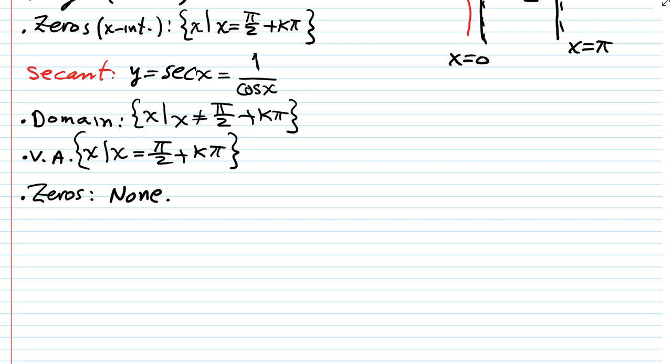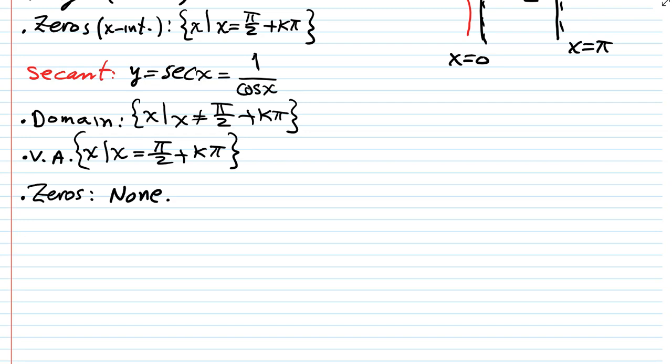Now, there will be zeros of a secant that is shifted in a vertical direction, up or down, to create an x-intercept. But in its most basic form, just secant x does not have zeros.